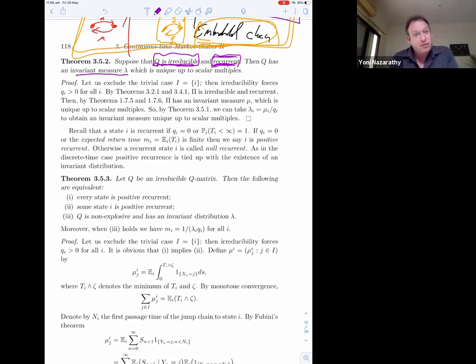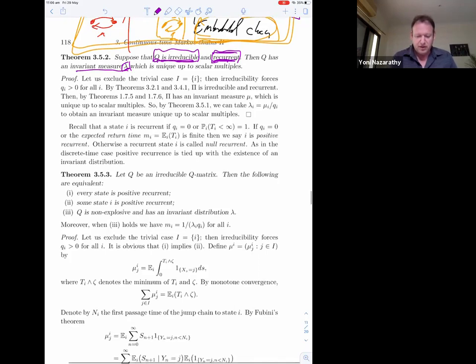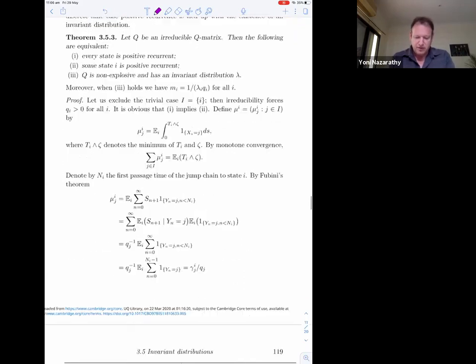And again, we'll speak about measures next week, but at this point, think of a measure just as a sequence of lambdas. That's what it is in this discrete state space. Okay, let's go to the next one. Let Q be an irreducible Q matrix, a generating matrix, and the following are equivalent.